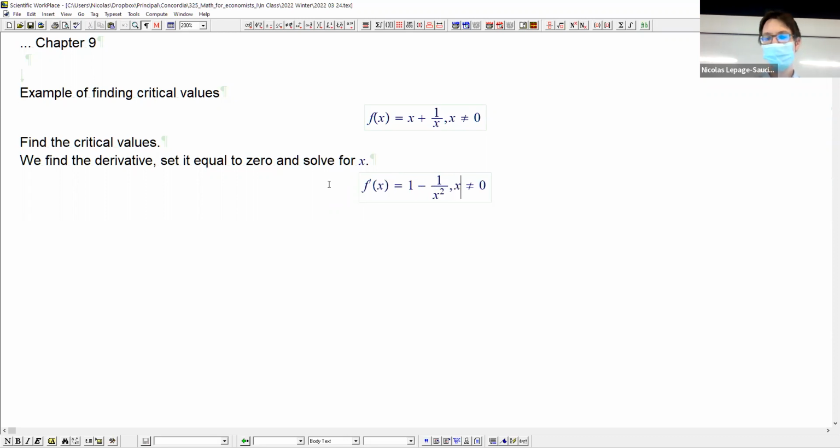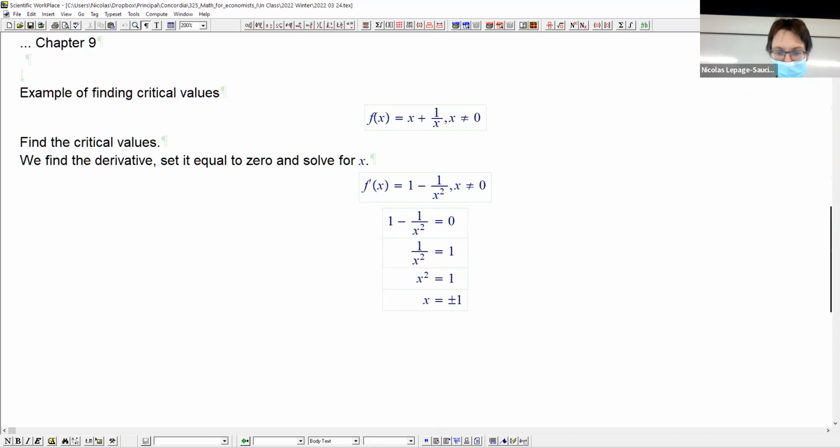Again, x must not be equal to 0, so that's good. And I set this equal to 0. So then I find that 1 over x squared will equal 1, x squared will be equal to 1, so x will be equal to plus or minus 1.